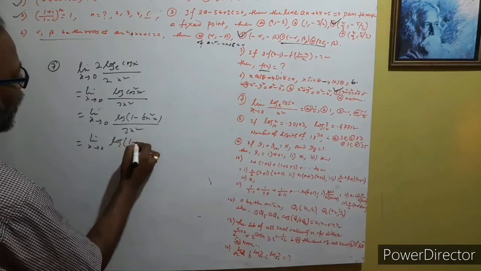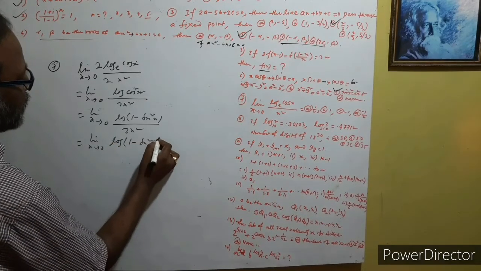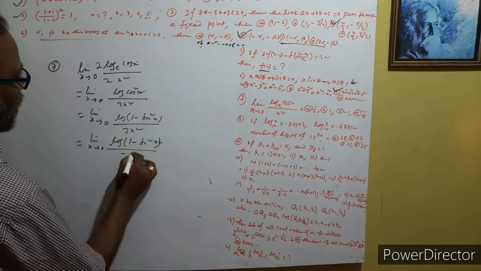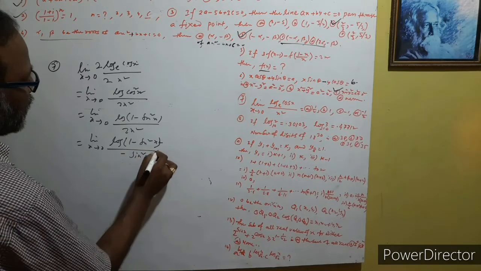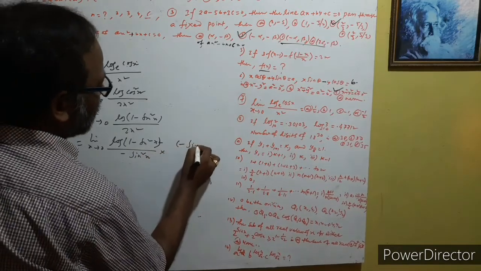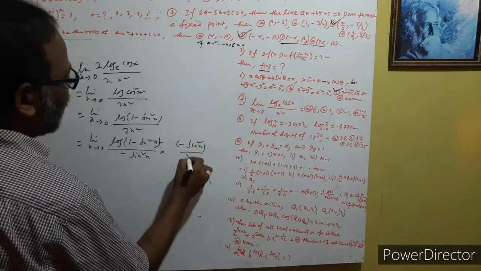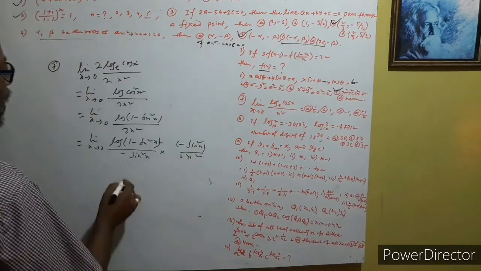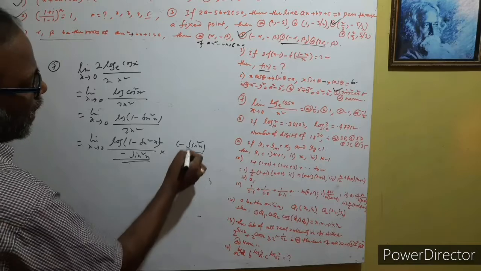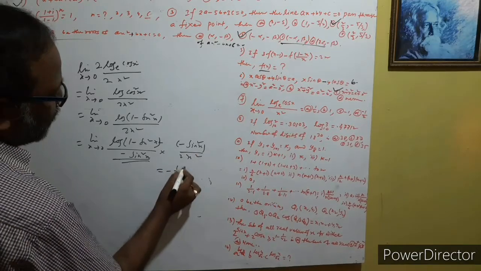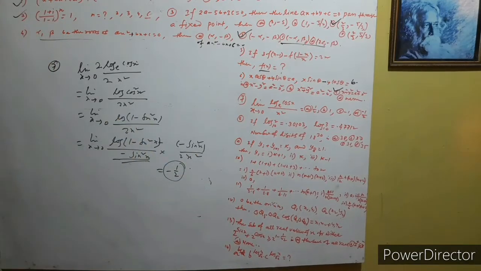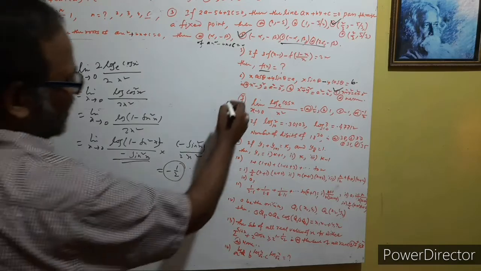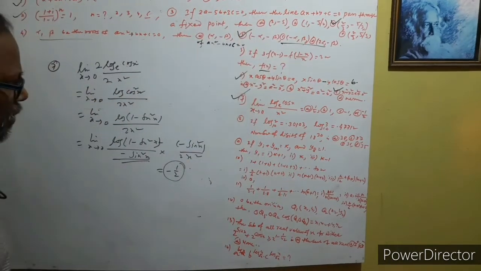This is minus sin square x by 2x square, and this is 1, so this is minus half. So question 7 is complete.